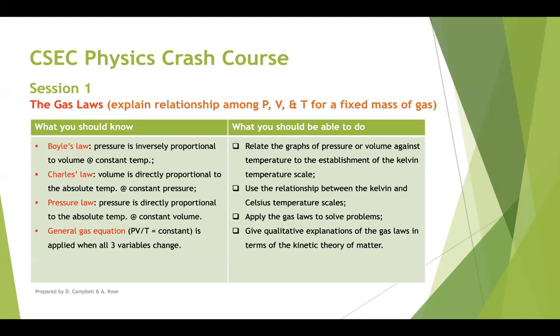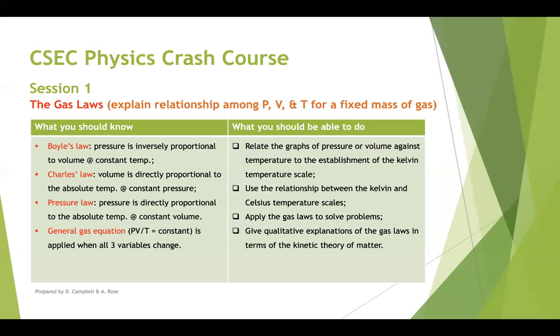All right. So you should be able to relate the graphs of pressure or volume against temperature to the establishment of the Kelvin temperature scale. There is a slide coming up with the graphs. We should also be able to use the relationship between the Kelvin and Celsius temperature scales.